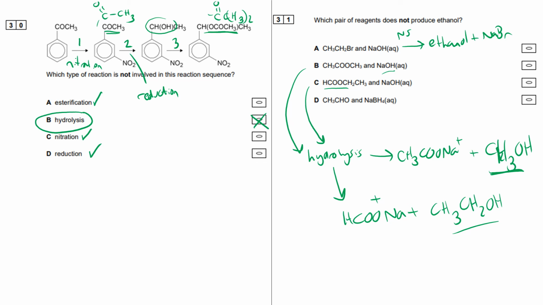And finally, D, you've got sodium borohydride reacting with an aldehyde, so you're getting reduction of an aldehyde, so you're going to form your ethanol by reducing an aldehyde. So answer B is the only one that would not produce ethanol because it produces methanol instead.